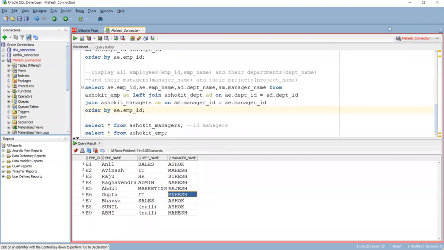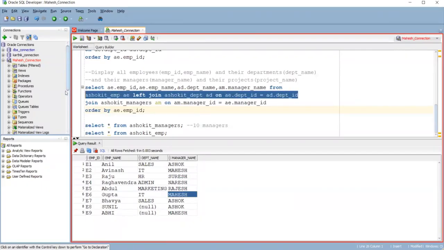Whatever results we got here, sir, 9 employees. For those 9 employees, it is mapped with what? Managers. Okay.